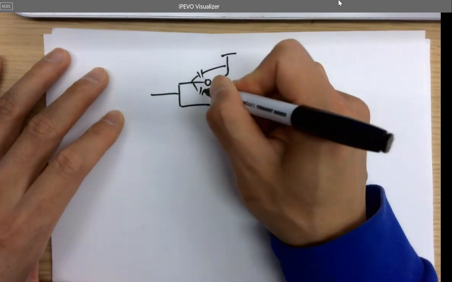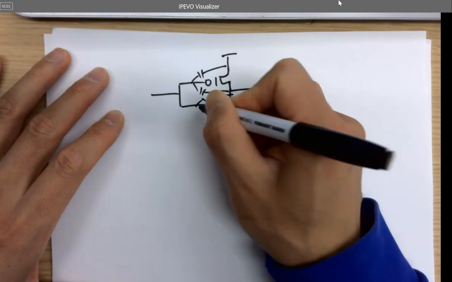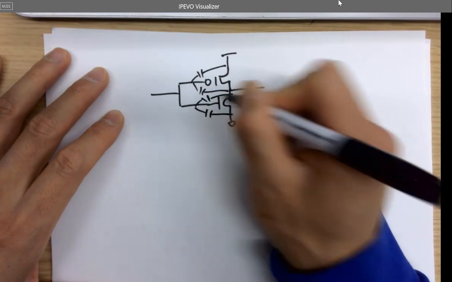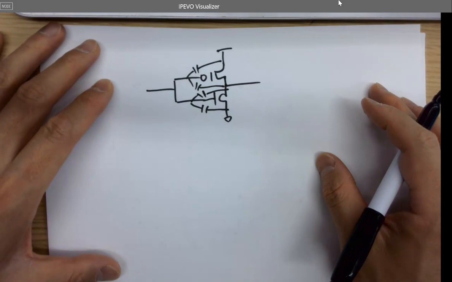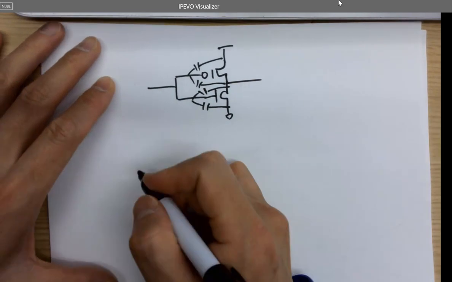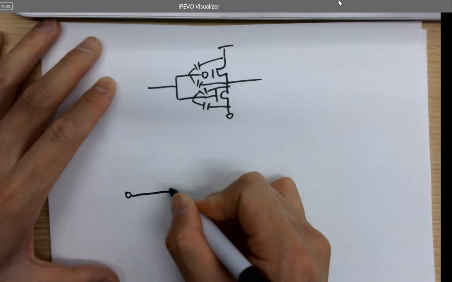These are the caps. Okay. Then we are able to draw the digital model this way.